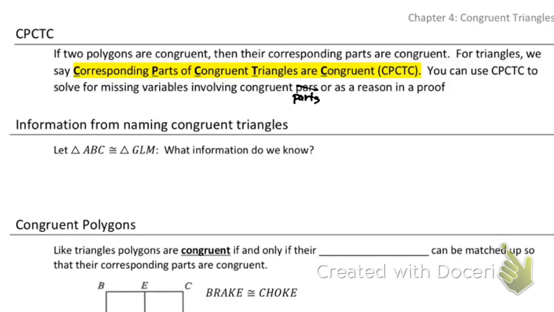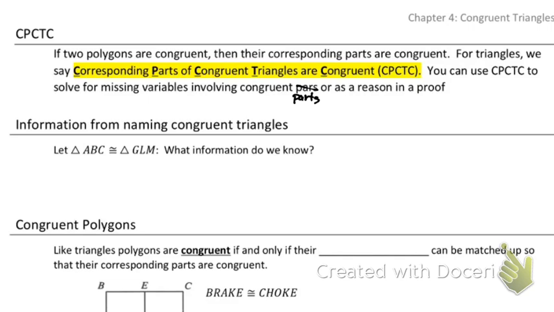Or you can say it this way: kapukatika. It rolls right off the tongue, doesn't it? Or you can just say CPCTC. It's kind of fun to say, though. All it means, once again, is that once you prove or are shown that two triangles are congruent, all of the parts are also congruent.